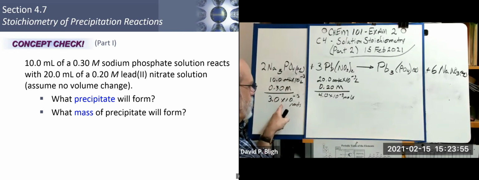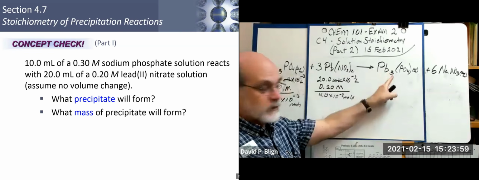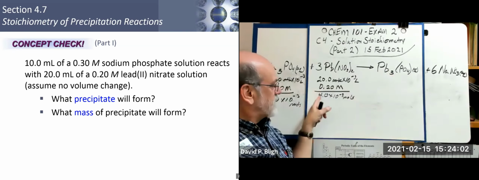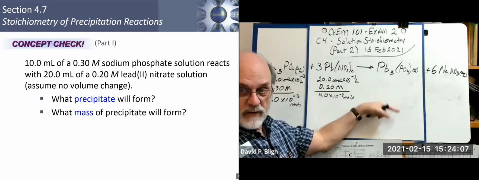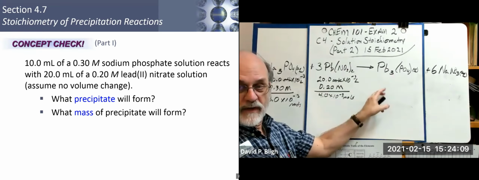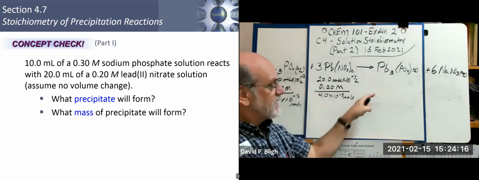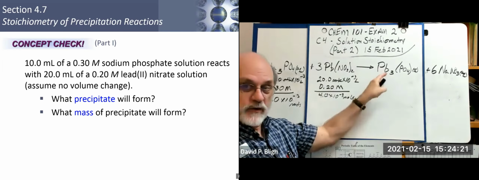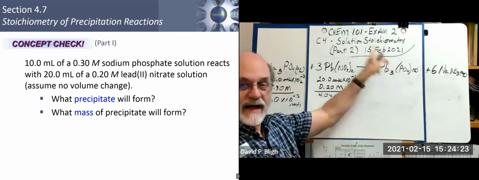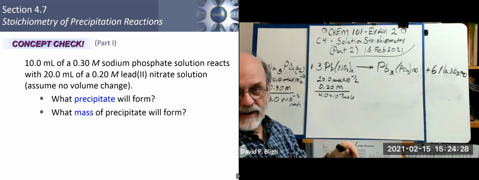We take this one and convert it all the way over to this one, and we take this one and convert it all the way over to this one. Compare the two. The one that makes the least amount is the limiting reactant. And in fact, the one that makes the least amount is the number of moles for this one. Once we find that, we can convert it back into mass using molar mass of that compound.